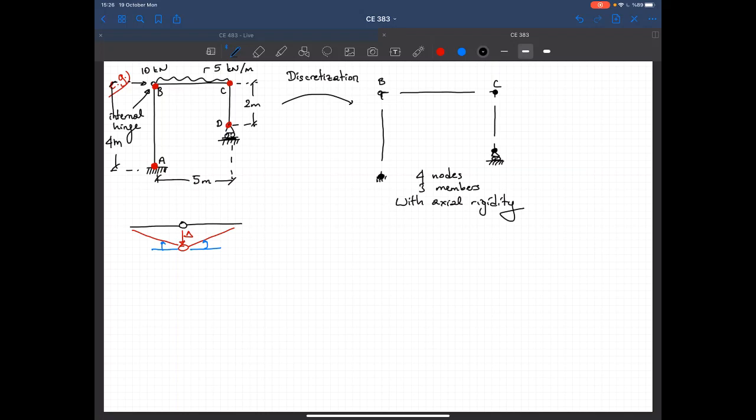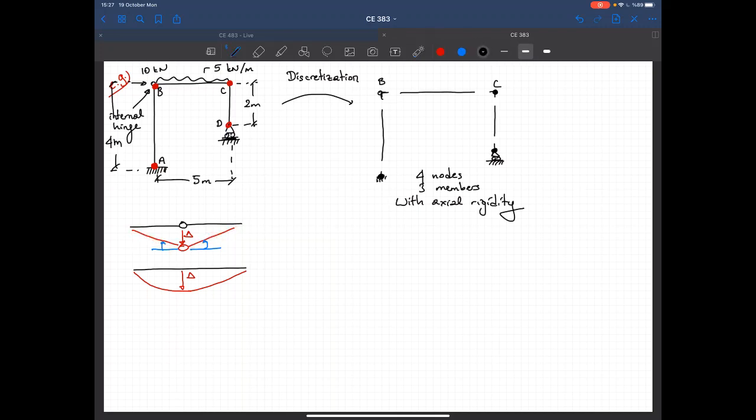Let's say that I don't have any internal hinge, and this point moves in the downward direction by delta amount, then we would have the same rotation at both ends of this point. So the same rotation will occur on the left hand side and the right hand side. We have a single rotation. But when I put an internal hinge here, I can have 2 different rotations at both sides of the hinge.